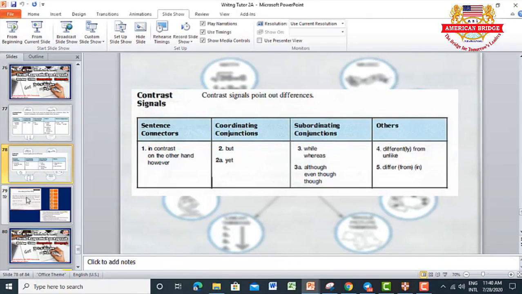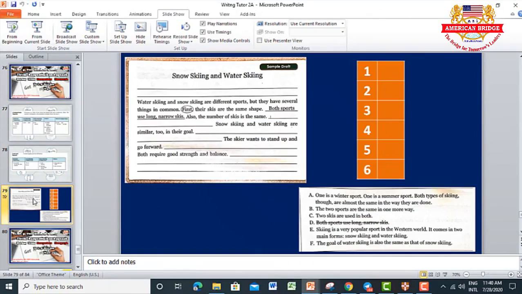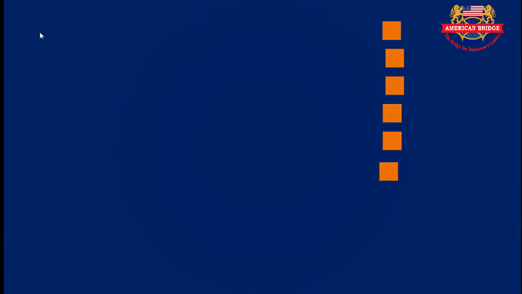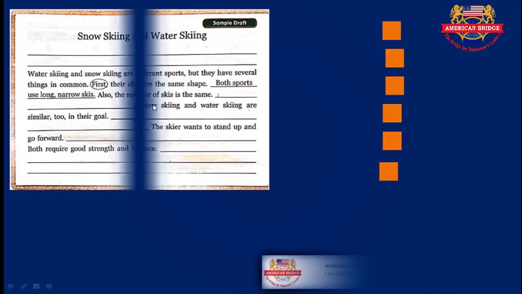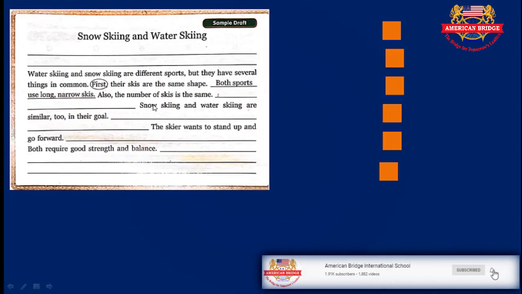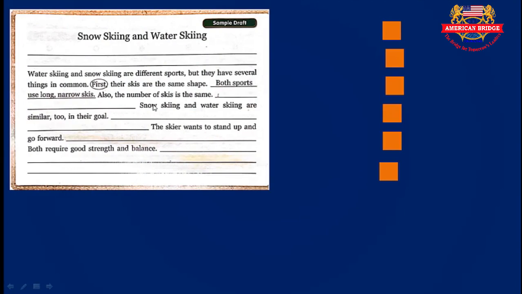So this is some of the words that we use in this writing. Now teacher would like you to get practice on this page, everyone. You see here snow skiing and water skiing. Water skiing and snow skiing are different sports, but they have several things in common.